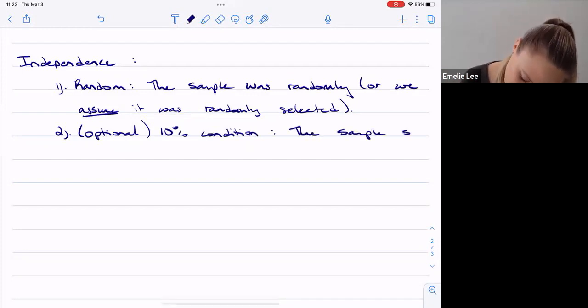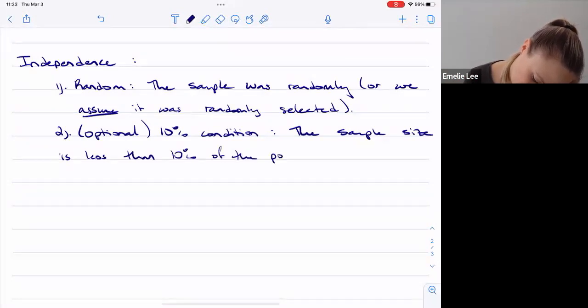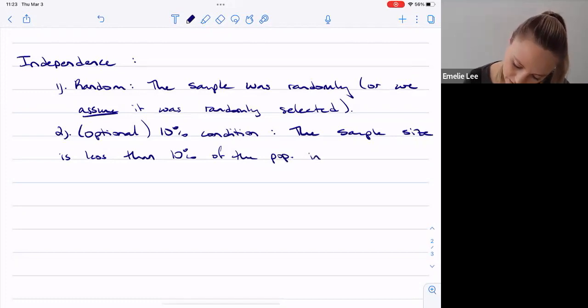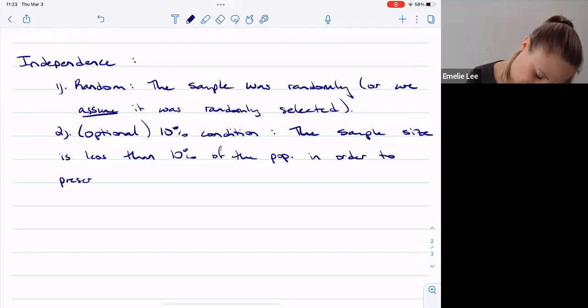The sample size is less than 10% of the population in order to preserve independence.